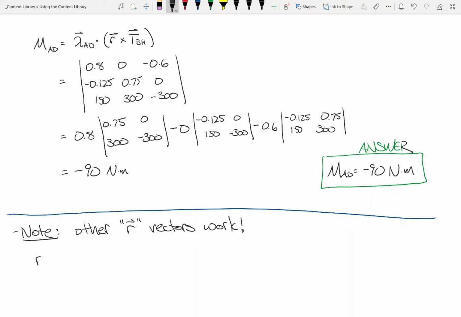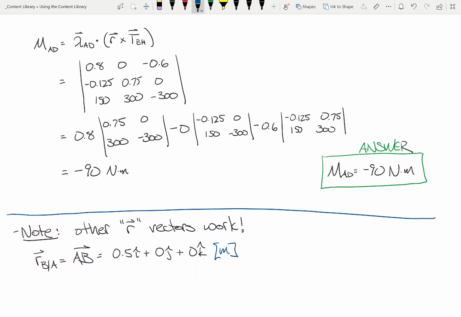And R from B to A, or AB, if you compute that, this is 0.5, that's 0, and that's 0. And so if you wanted to do this calculation, replace this row with 0.5, 0, 0, you would get the same answer. But you'd have more zeros, so it'd make the math a little easier, right?